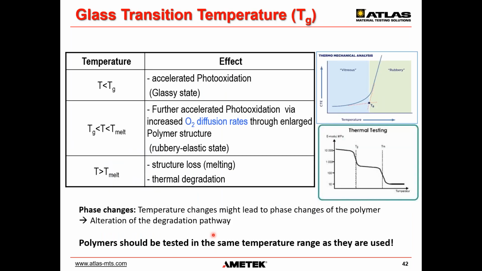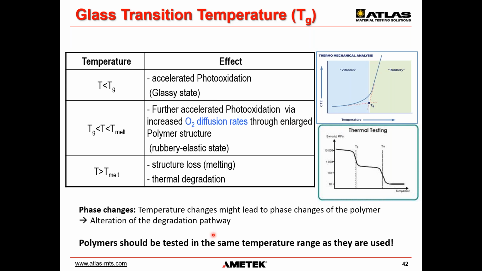Another effect of temperatures on materials is the material phase. Temperature increases can cause phase transitions, melting, but also almost noticeable phase transitions like the glass transitions. A polymeric material typically has a glass transition temperature.